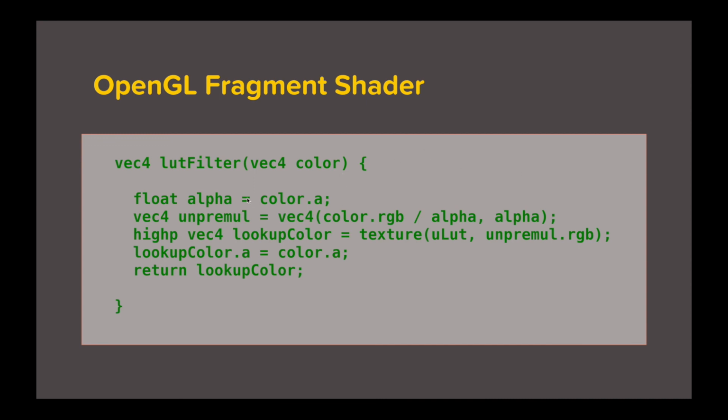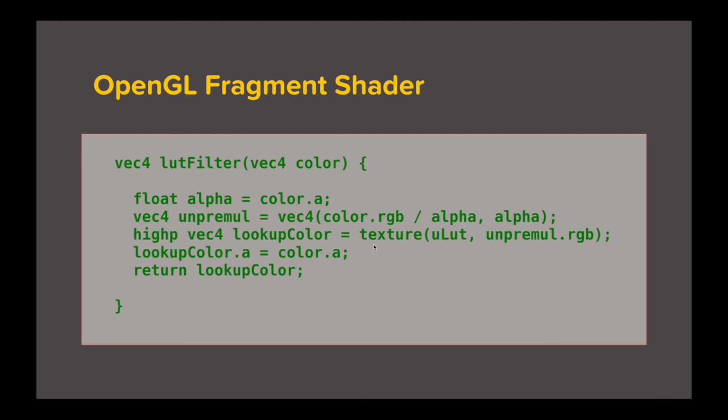We used similar concepts. This is just a function that we can use. This is the input color, and we're going to return an output vec4. So we get the alpha from the input color, we unpremultiply it, and then we get the lookup color by looking it up using this texture function within our lookup table.